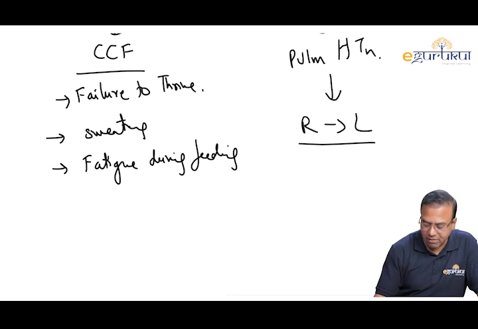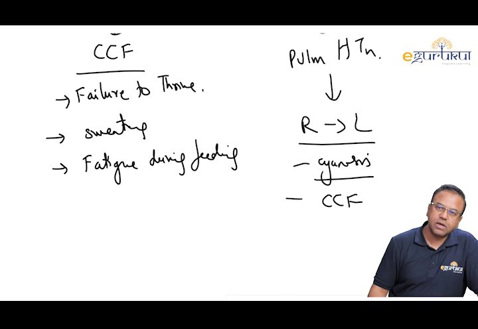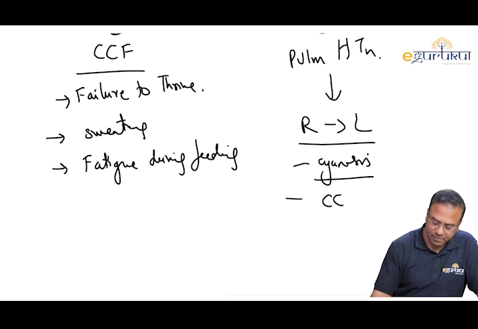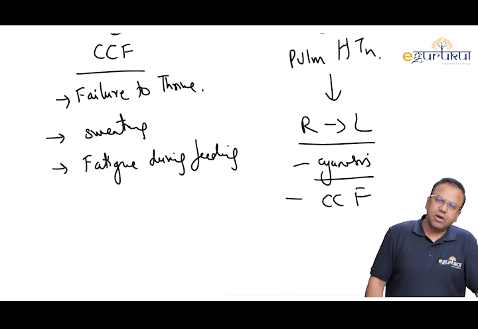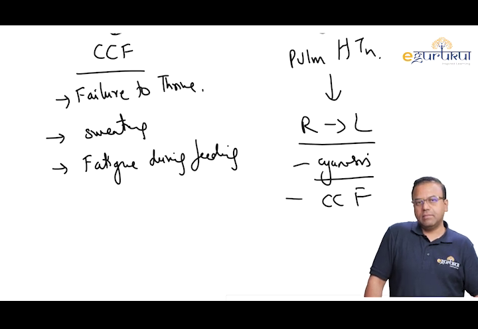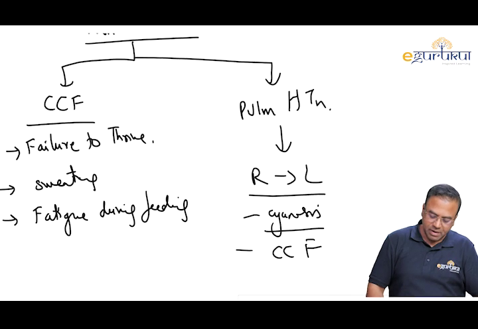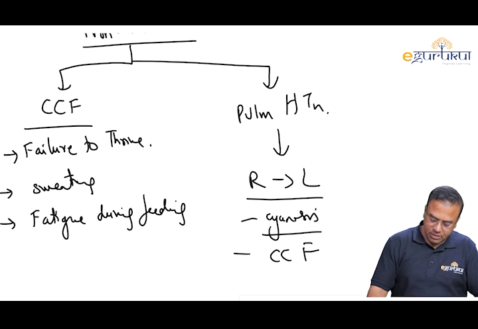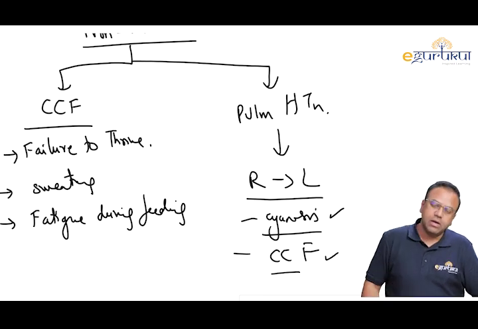This Eisenmengerization eventually will result in cyanosis and again congestive cardiac failure. Because of the pulmonary hypertension and the right to left shunt, there will be cyanosis, and in an adult you can also see features of congestive cardiac failure.